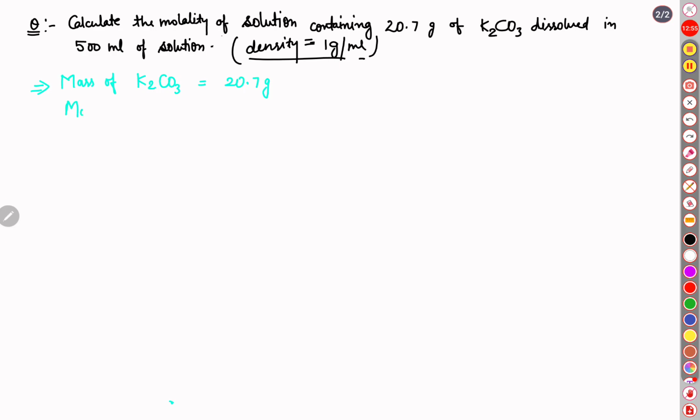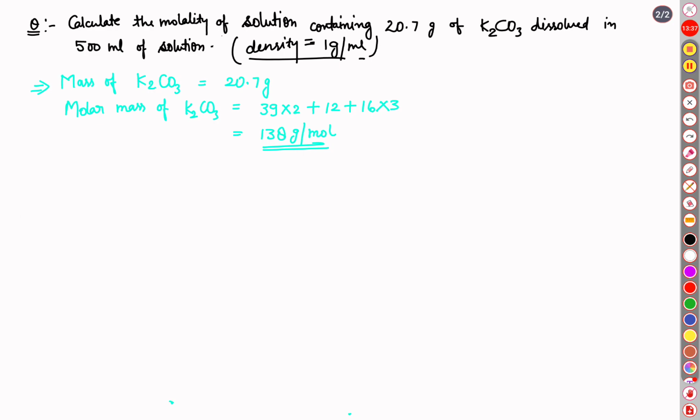Molar mass of K2CO3: atomic mass of K is 39 into 2, plus carbon 12, plus oxygen 16 into 3. In total we get 138 gram per mole. This is the molar mass of K2CO3.